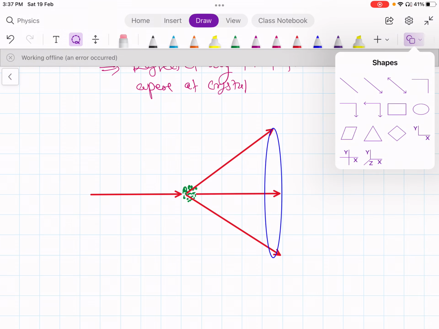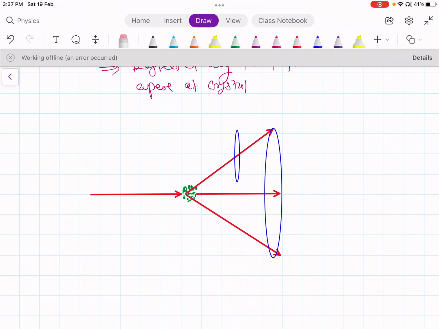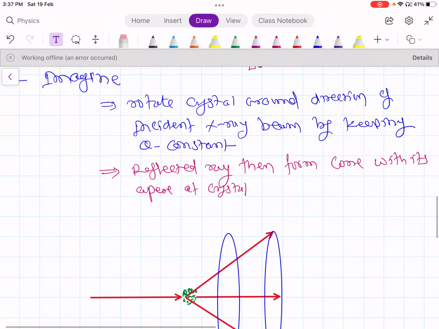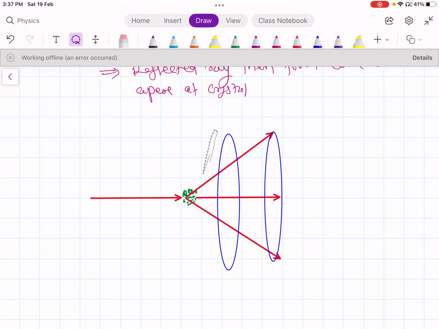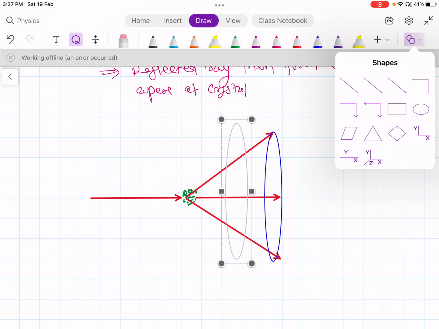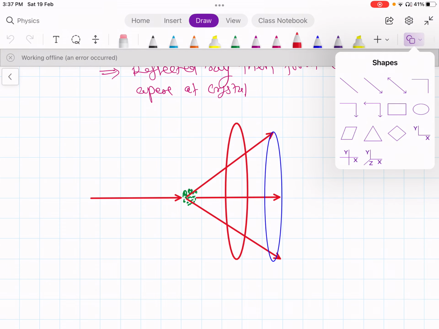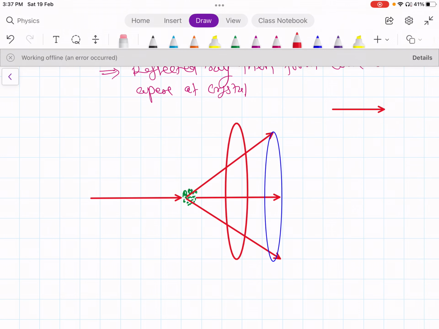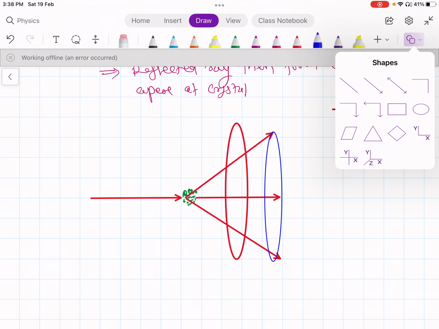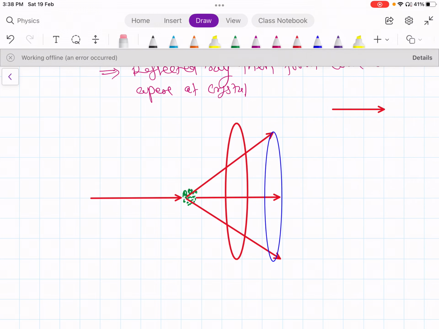There can be another set, and that another set will give us another cone. So we get here another cone for another set of parallel plane. We get this second cone for the second plane.